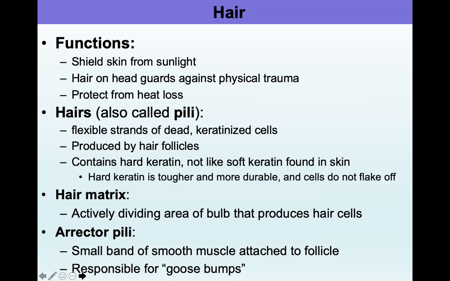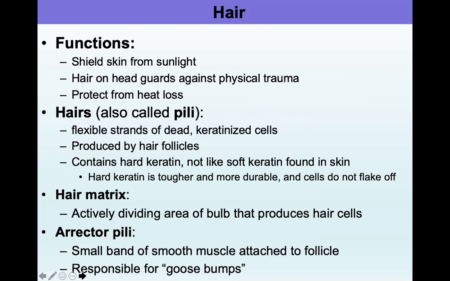Okay, hair. Some of the functions of the hair: it's shielding skin from sunlight. So again, you already have that melanin component that is protecting your keratinocytes against the UV rays, but hair is an additional line of defense because your hair is basically dead keratinized cells as well.